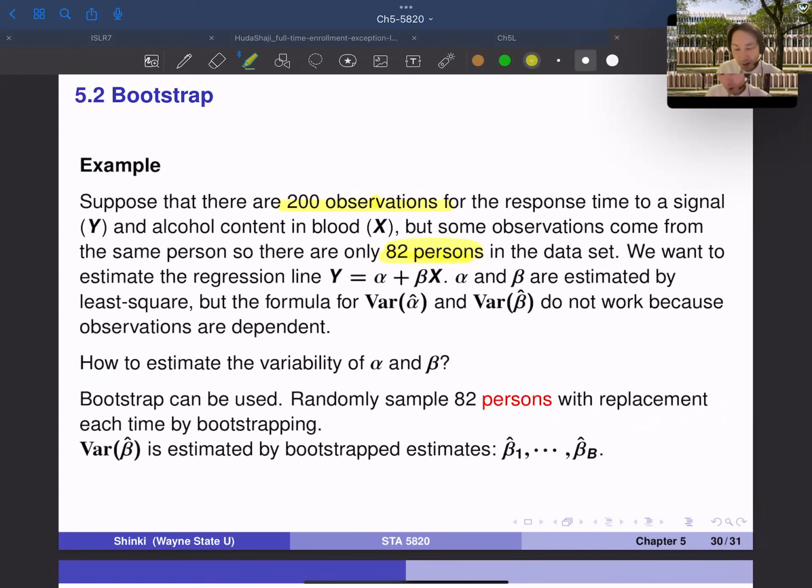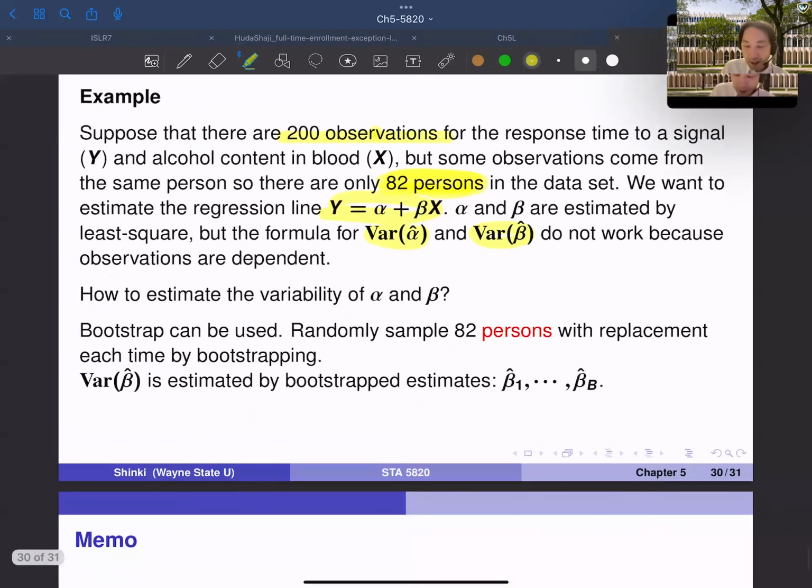So we bootstrap 82 persons with replacement. Then we estimate this regression model. Then we repeat this again and again. Then we get the estimates for alpha hat and beta hat. So this accounts for correlation within the persons. So it is a fair estimate for the variance of alpha hat and beta hat.